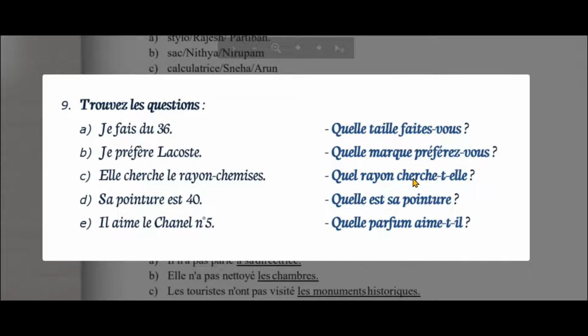Quel rayon cherche-t-elle? The next one, sa pointure est 40. Here again, his size or her size is 40. This is talking more about the shoe size, for example. So what is his or her size? Quelle est sa pointure?